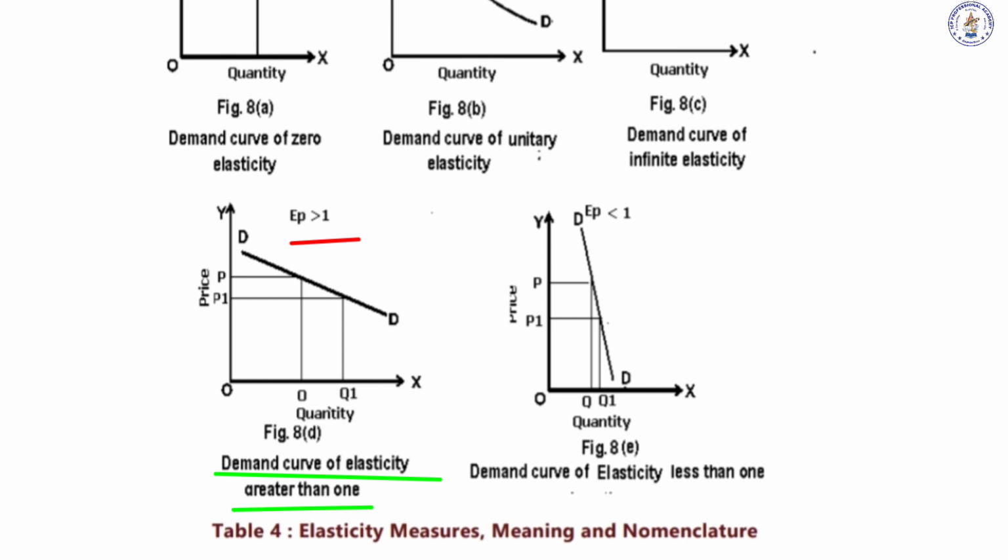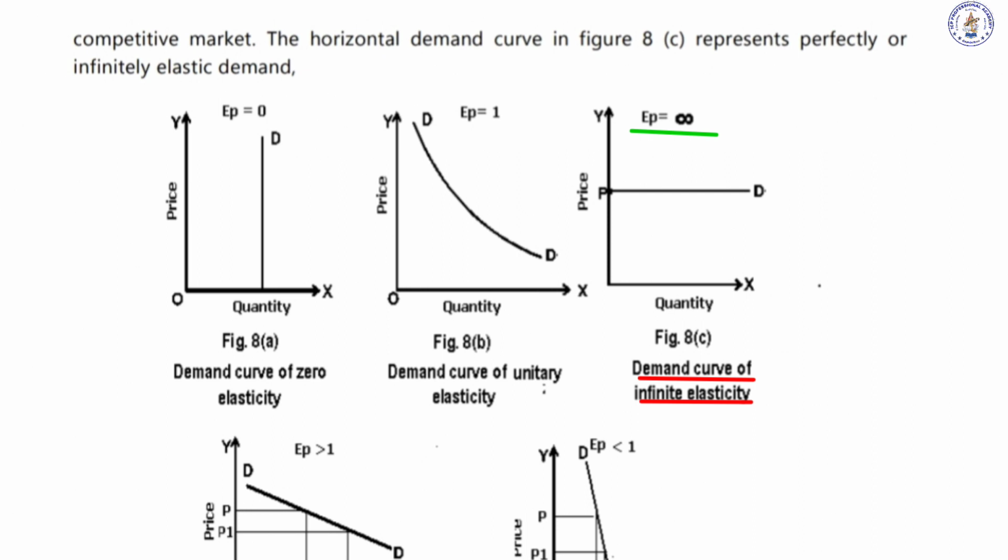Now the next one is infinity. What is infinity? When the elasticity is equal to infinity, it means the purchasers are prepared to buy all they can obtain at some price, and none for even a slight increase in the price.